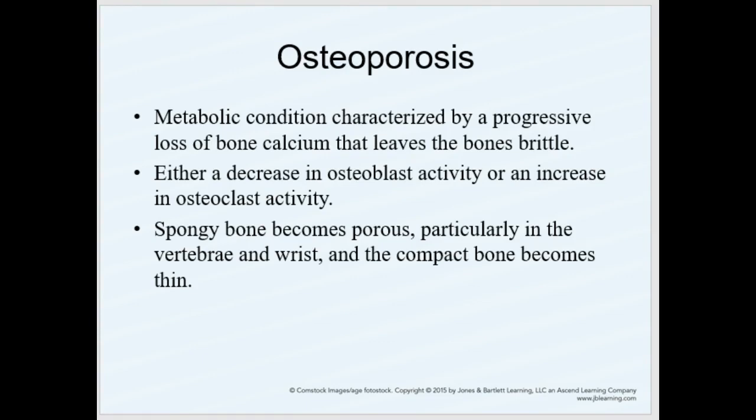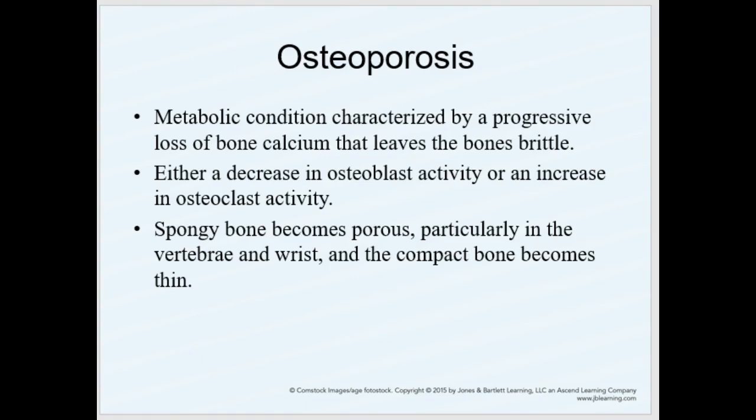So if we took a little bit of one person who had osteoporosis compared to somebody who didn't, the bone composition would be just about the same. The problem with osteoporosis is there isn't enough of it. So if you imagine that spongy bone in a healthy person, it would simply be a lot more dense than it is in somebody with osteoporosis.